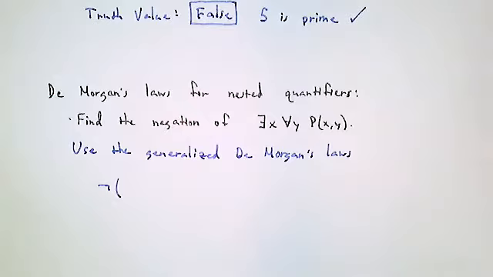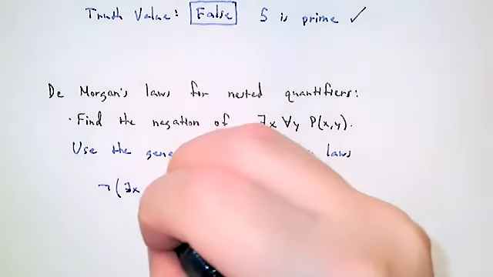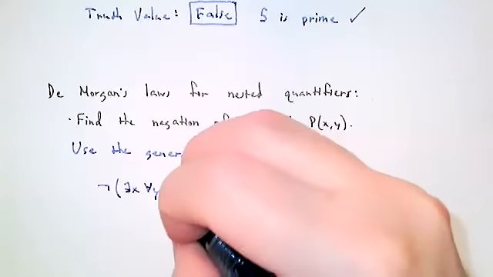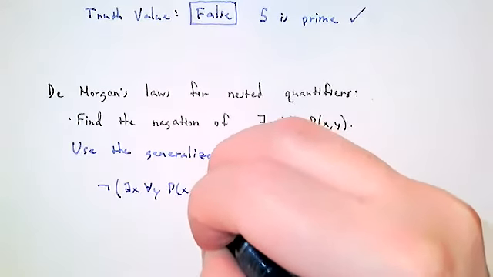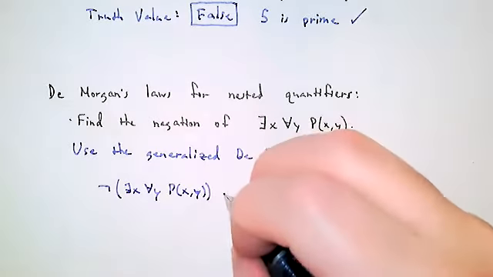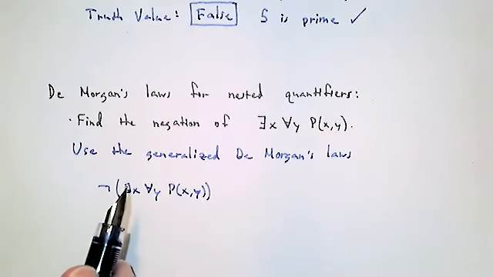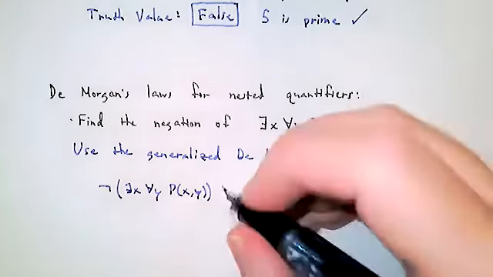So here's how it would work with these two quantifiers. So we have an existential and then a universal, and then whatever our functional proposition is. Doesn't matter in this particular example. So what I can do is switch my first quantifier and move the negation to the right.